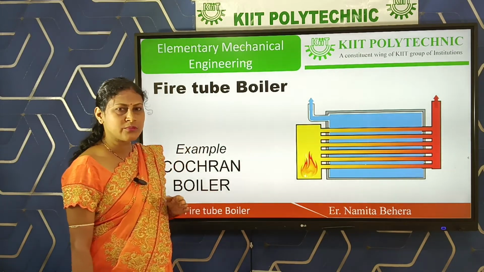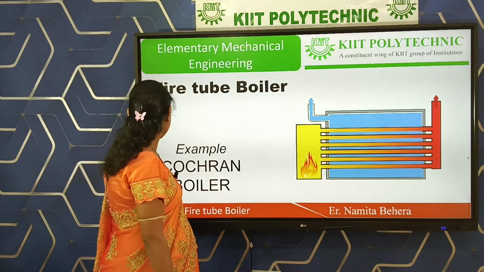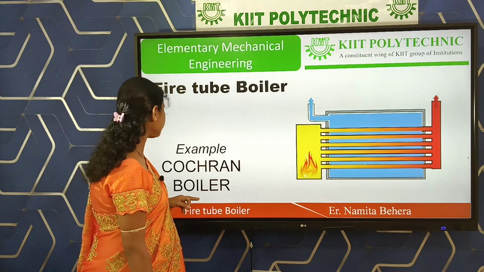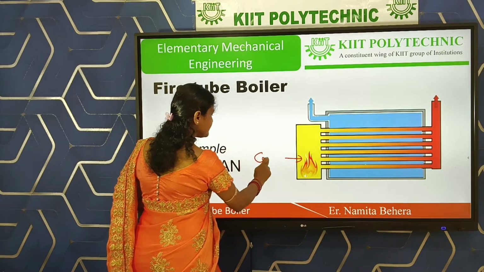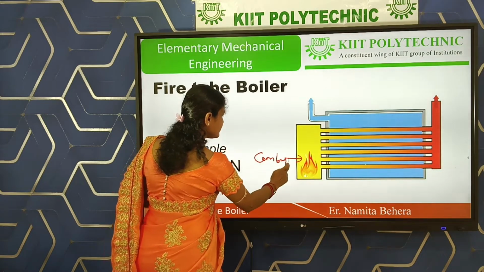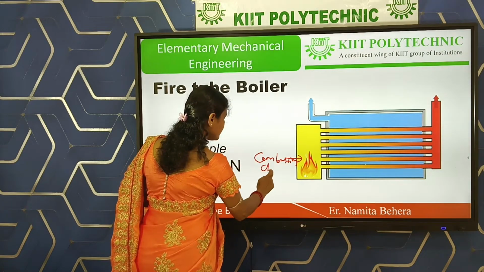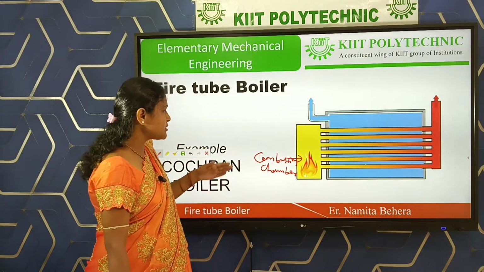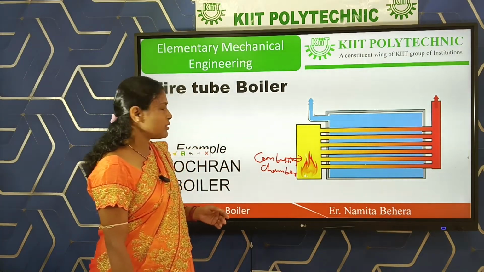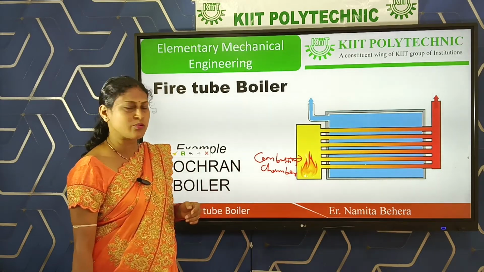What are the major parts of the fire tube boiler? This part is called the combustion chamber. The combustion chamber is required where the hot gases and flue gases are produced.